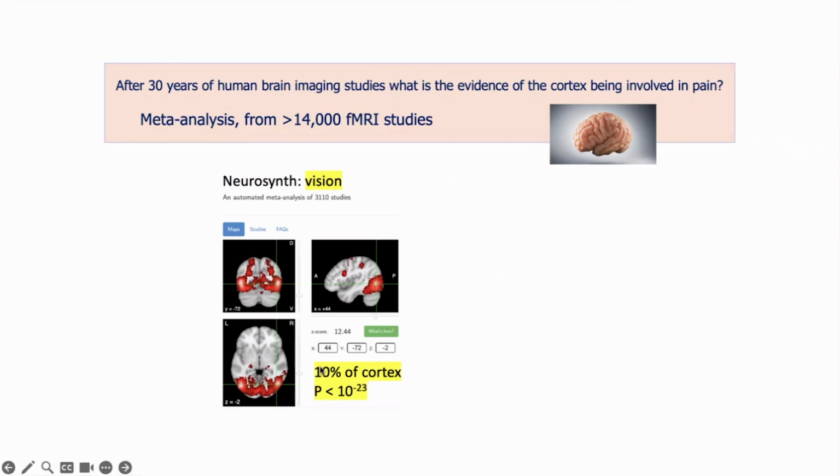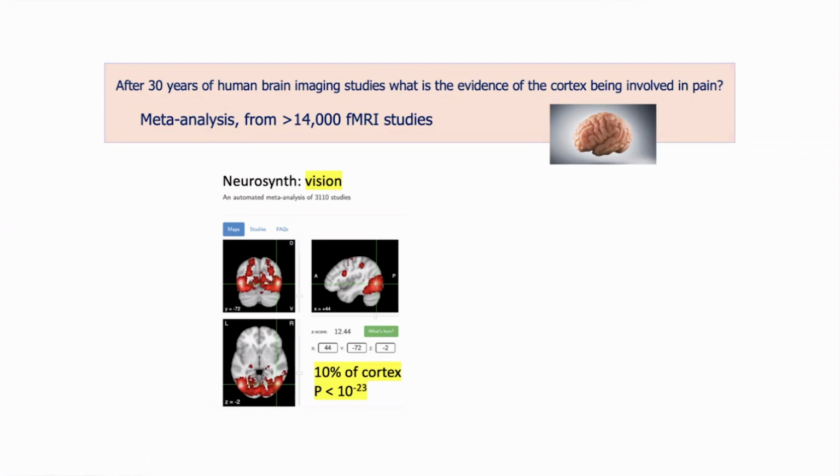In fact, if we simply look at the amount of tissue that is activated, it's about 10% of the brain. And if we look at the hottest spot, the green lines identify the highest probability spot in that region. That spot gives us a probability of 10 to the minus 23 of that being activated by chance.